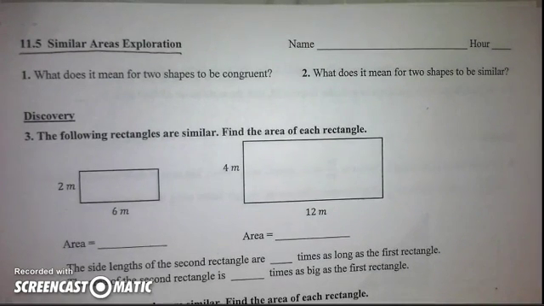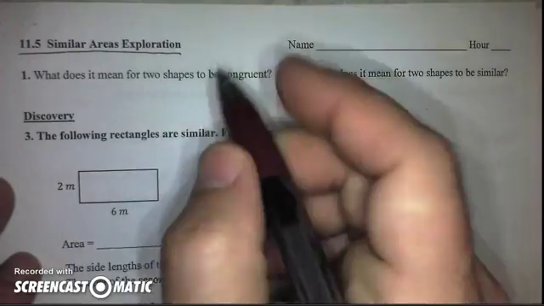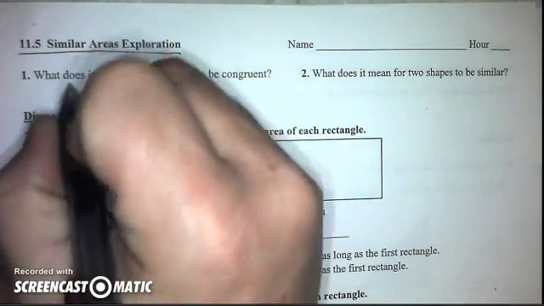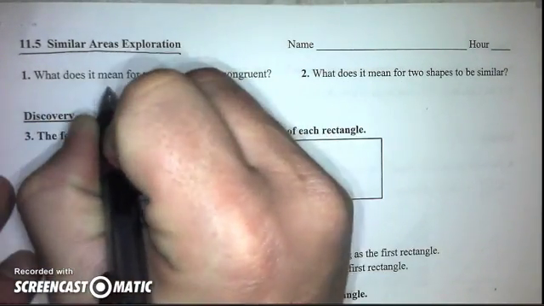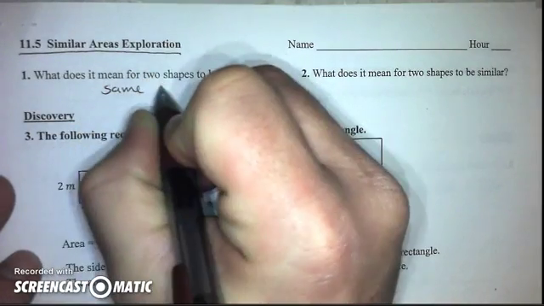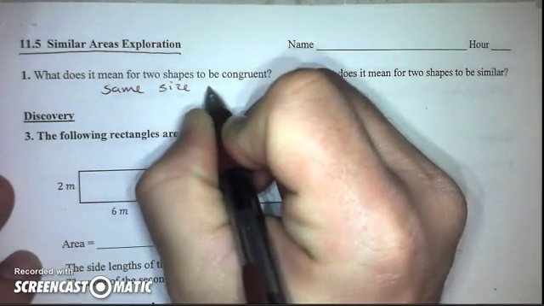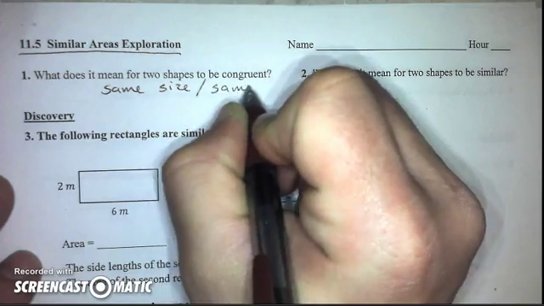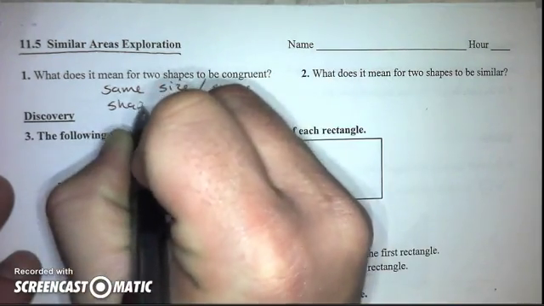Okay, so again, pause the video if you haven't had time to do that. But once you're ready to continue, this is what you should have. Shapes that are congruent have the same size and same shape.